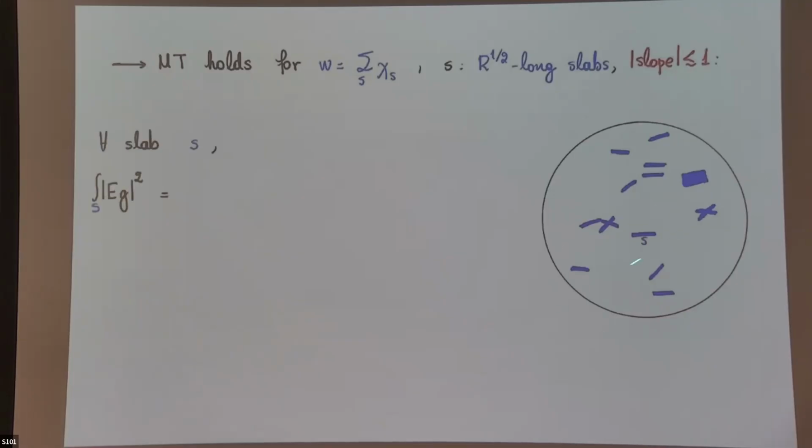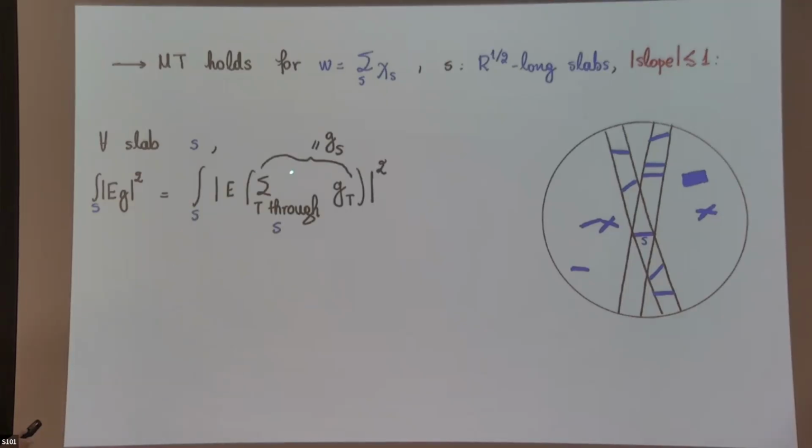We look at every slab S and want to understand the operator squared on that slab. Remember, all that matters is the tubes that pass through S. Those are the only ones that will determine the operator at S. No other tubes will matter. So I'm just gonna do the same integral, but only for that part of the function, the sum of the wave packets through S. That's a new function, part of the original wave packet decomposition.